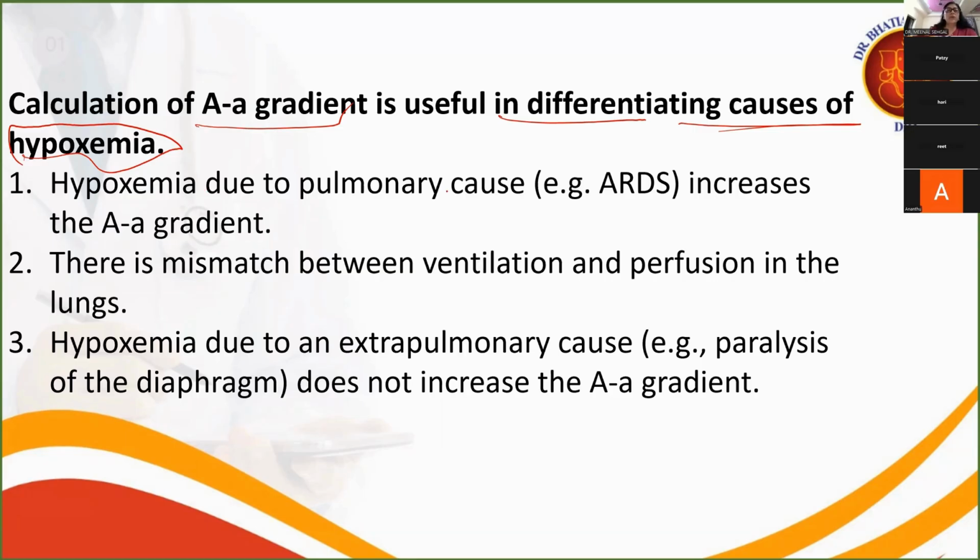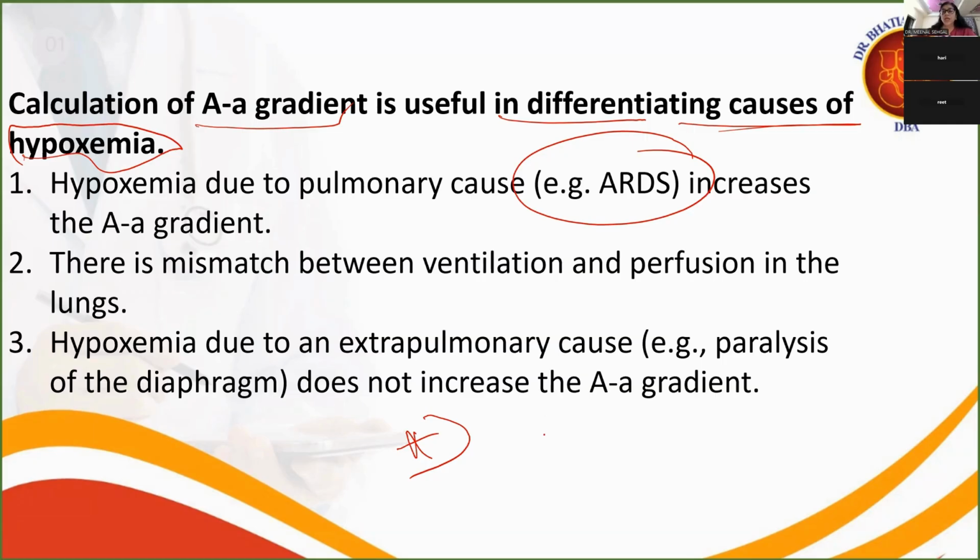It can happen due to ARDS. That is, the alveoli is normal, having 100 millimeters of mercury oxygen. The arteries are also normal, with an oxygen level of say 95 millimeters of mercury. But still, because of ARDS and a lot of interstitial deposition of plasma proteins, the diffusion of gases does not happen.